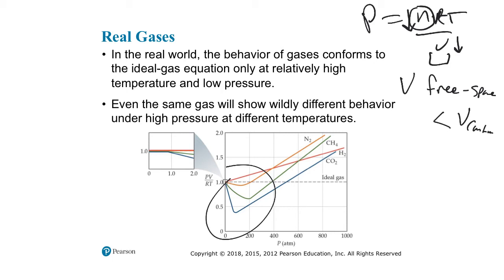And so then that's going to make the real pressure become a higher quantity. So we get higher pressures at the high pressure limit than what we would even predict with the ideal gas law. So the ideal gas law is under predicting pressures at the high pressure limit. And then at the low temperature limit, it's going to be doing the opposite. It's going to be calculating a pressure that's too high.